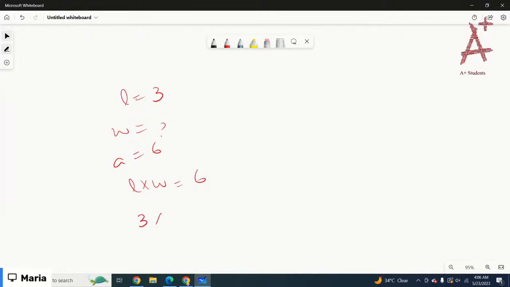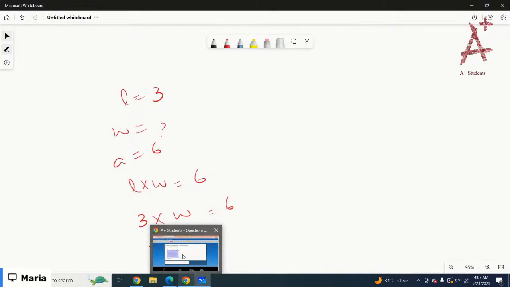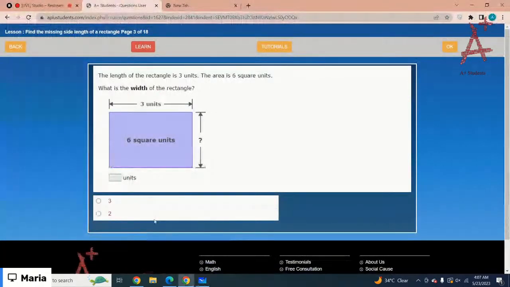Here you have 3. 3 times width equals 6, so 3 times what number makes 6? 3 times 2 makes 6. The correct option is 2. That means W equals 2. The missing width is 2.